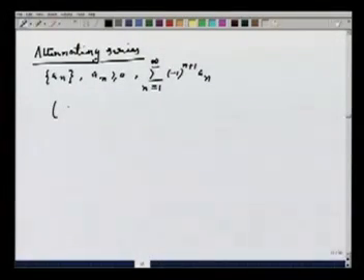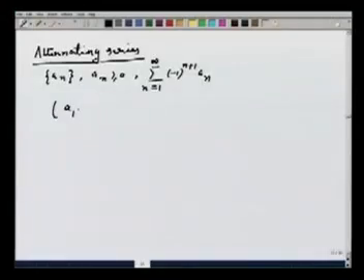That means when n equals 1, this is a1. So the series looks like: the first term is a1, then I take n to be equal to 2, that means (minus 1) to the power 3 times a2, but (minus 1) to the power 3 is minus 1, so it is minus a2, then comes plus a3 minus a4 plus a5 and so on.